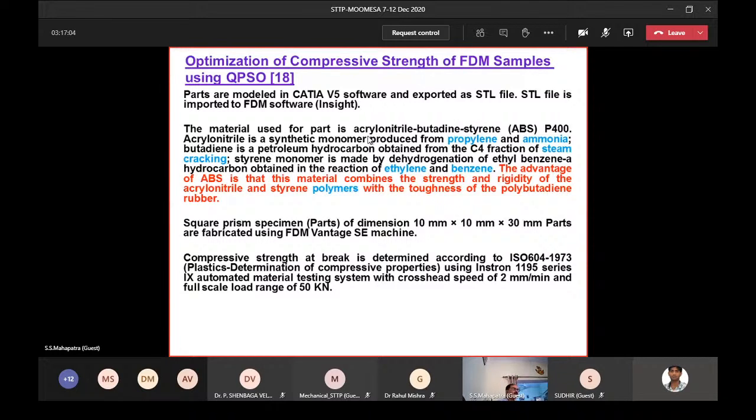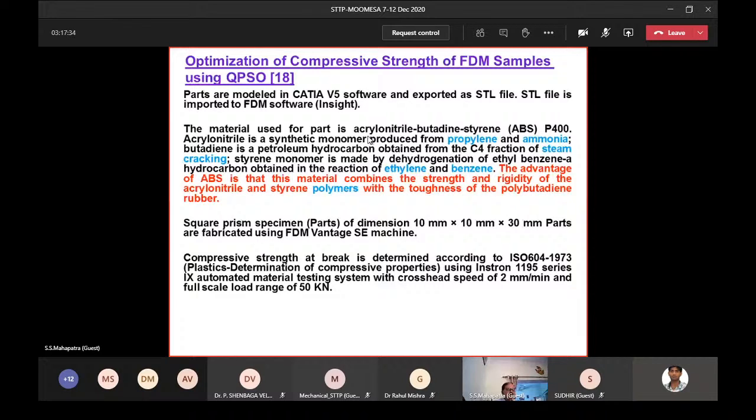So in FDM, the model material comes through a nozzle and spreads over the surface, which was cut down by the Insight software.